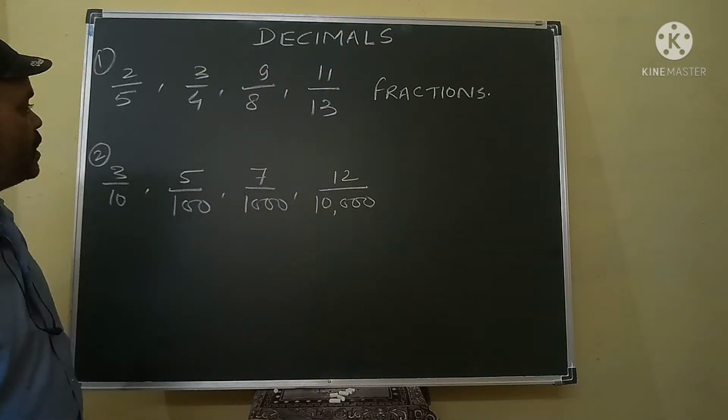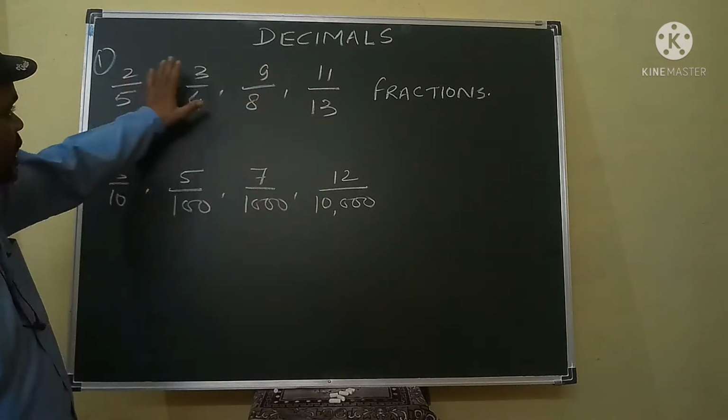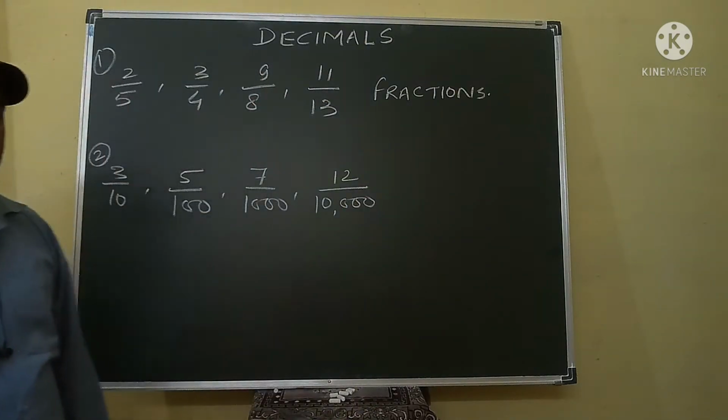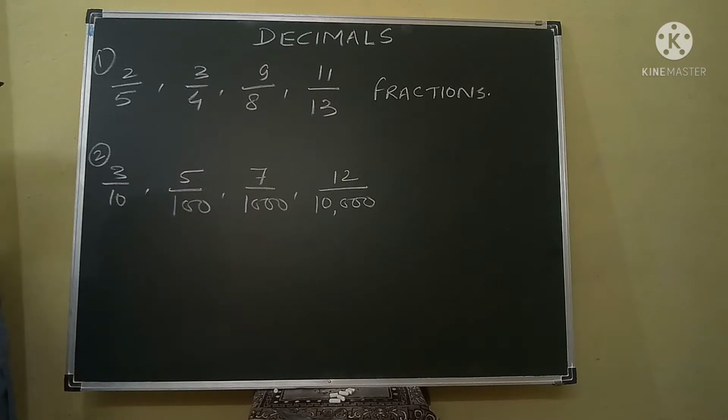As you know very well, these type of numbers are called fractions. What is the meaning of fraction? Fraction is the ratio of two natural numbers, or in other words, fraction is the part of a whole.